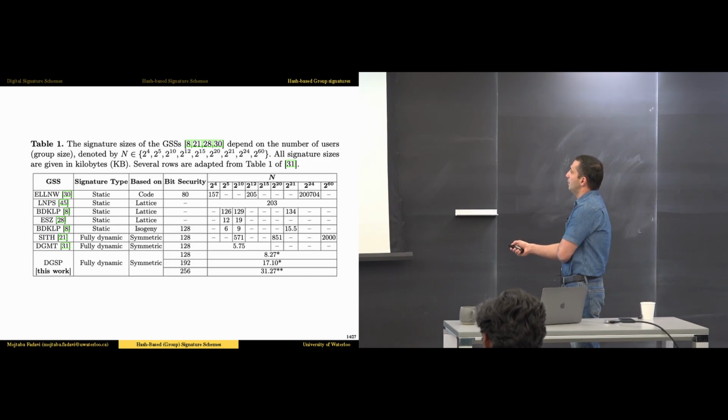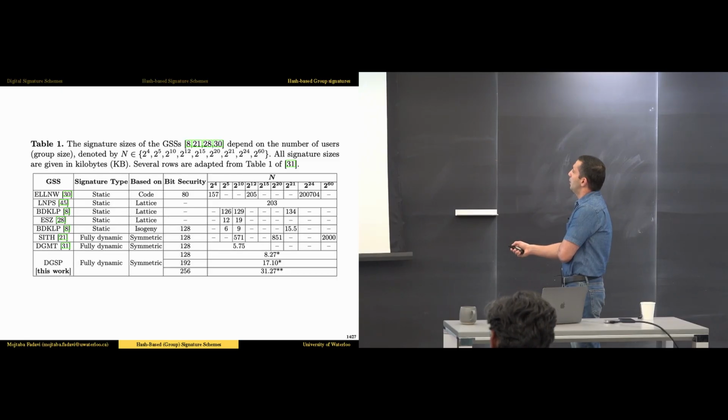In most of them, their signature size is variable, and depends on the number of users in the group. Many of them cannot support larger scale groups. For example, in isogenies, they didn't provide any information about groups with more than 2 to the power 10 users.